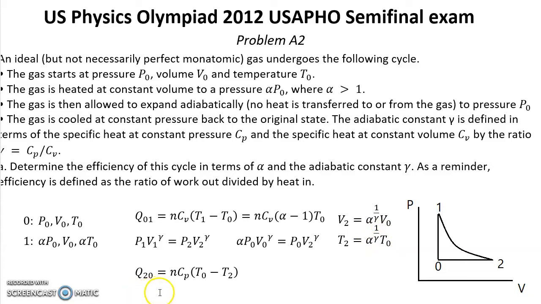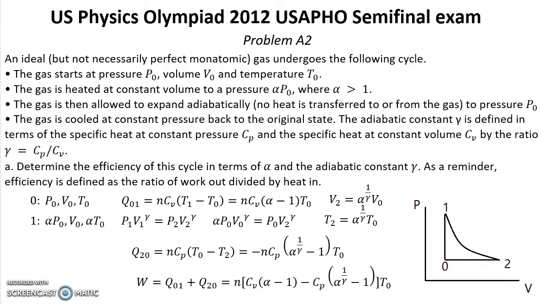And now we can count the heat transferred during process 2 to 0. That will be the number of moles multiplied by heat capacity at constant pressure and multiplied by the temperature difference T0 minus T2, and that's equal to this expression. Now we can count the work done by gas. That's Q01 plus Q20, which is equal to this expression.